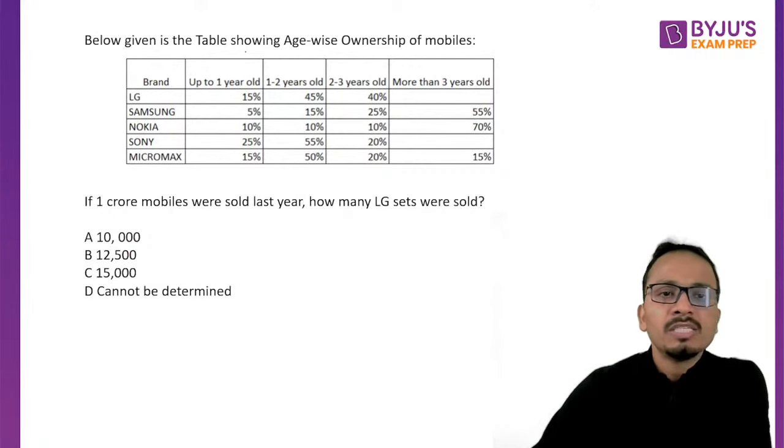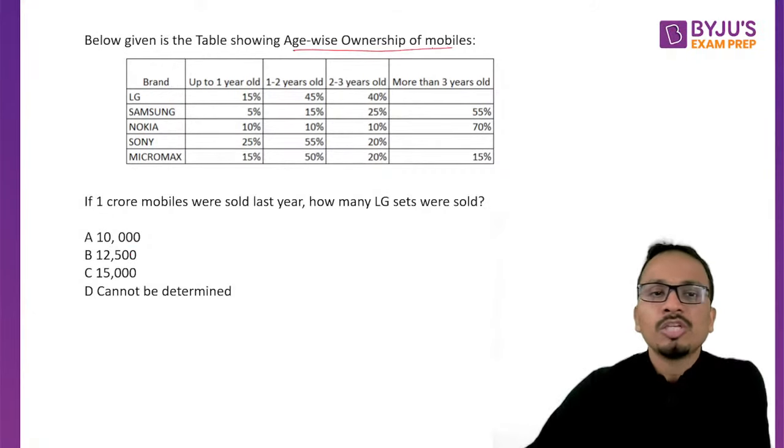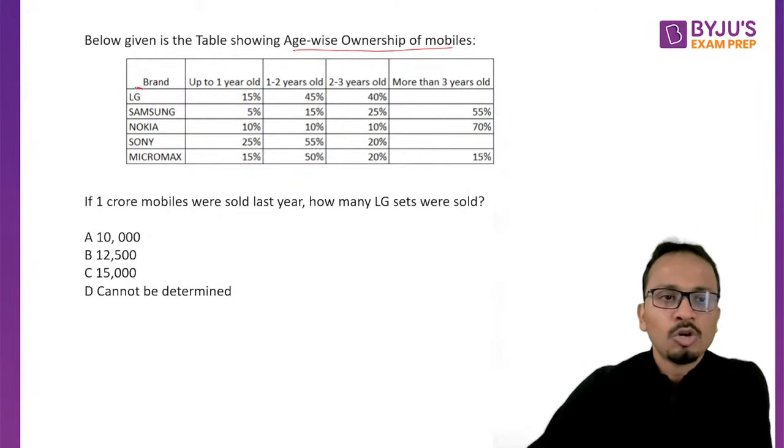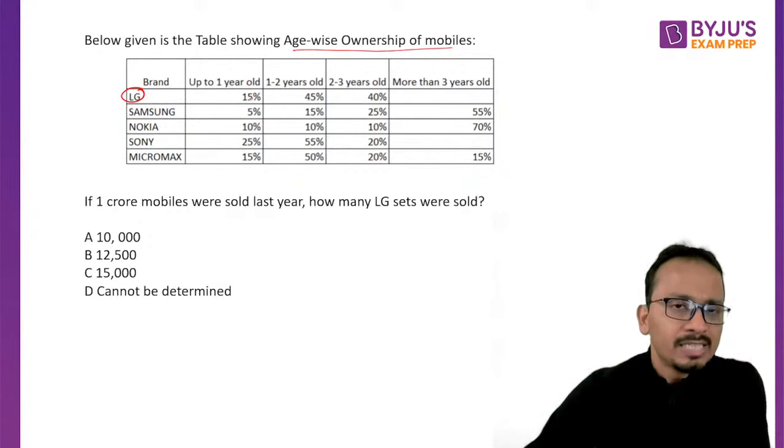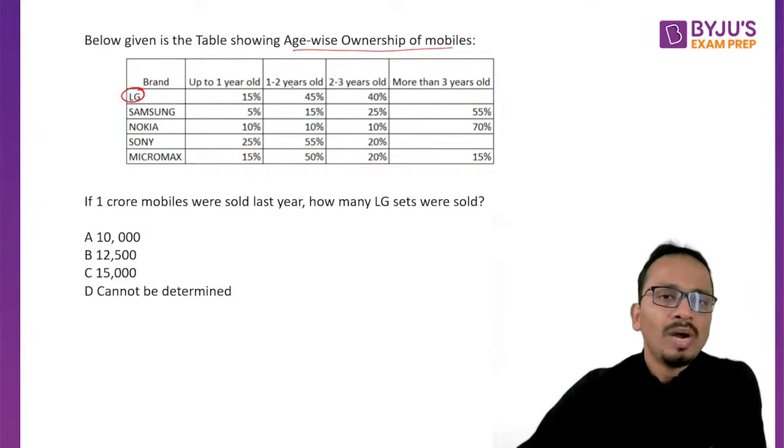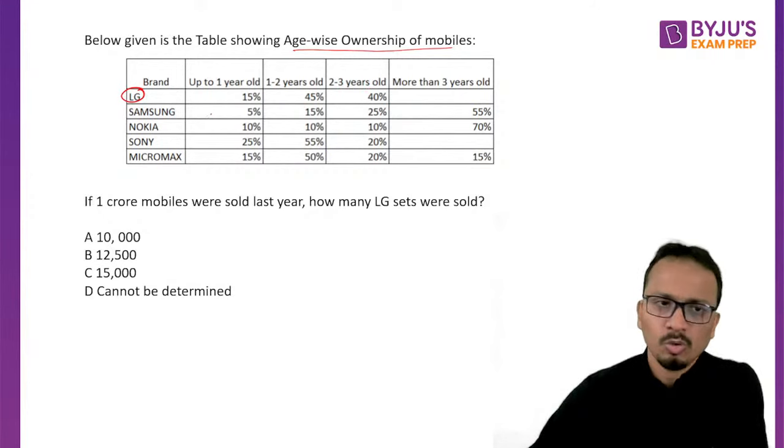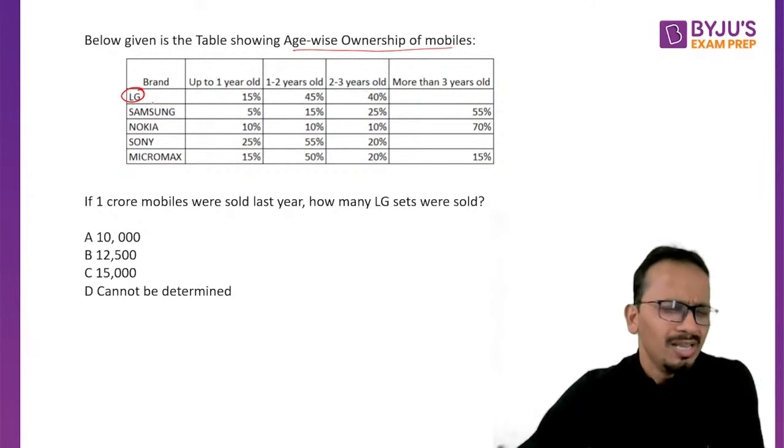Below given is the table showing age-wise ownership of mobiles. If I talk about LG, 15% of the sets are up to 1 year old, 45% are 1 to 2 years old, 40% of the sets are 2 to 3 years old.